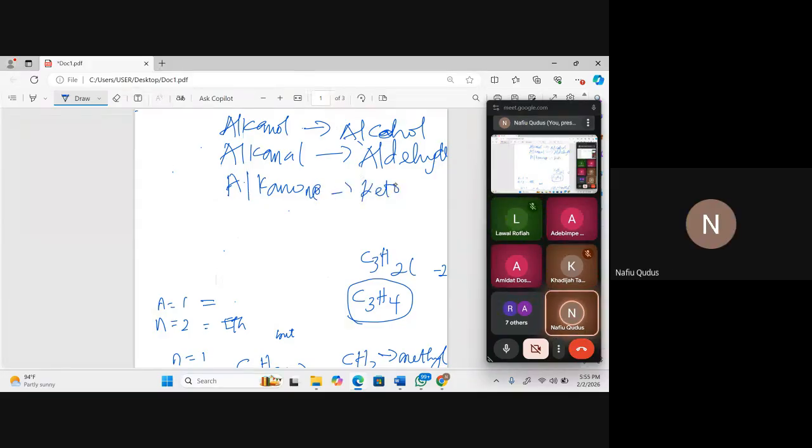We call it ketones. That's why in advanced chemistry, when they are defining carbohydrates, they say a carbohydrate is a polyhydroxyaldehyde and polyhydroxyketone.